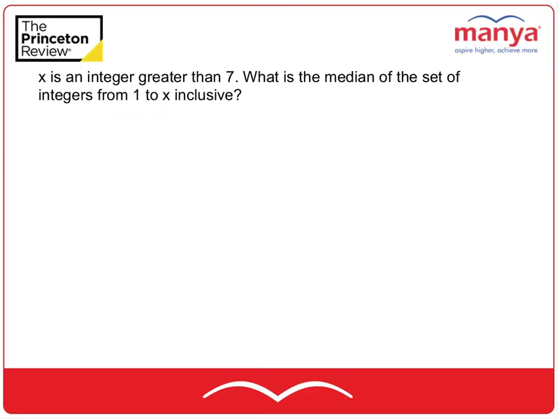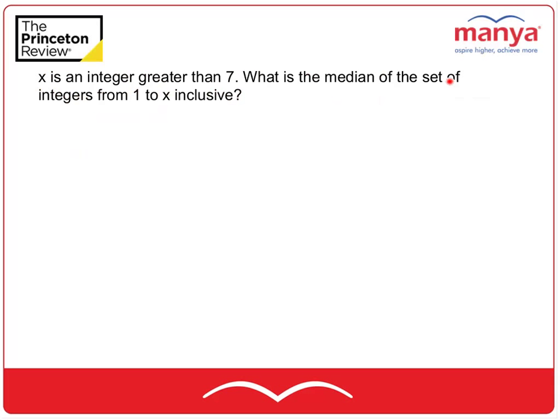X is an integer greater than 7. What is the median of the set of integers from 1 to x inclusive? So we know x is an integer greater than 7. How do we do this?